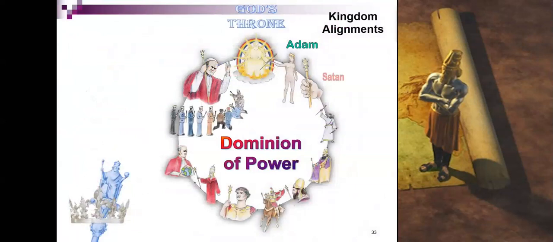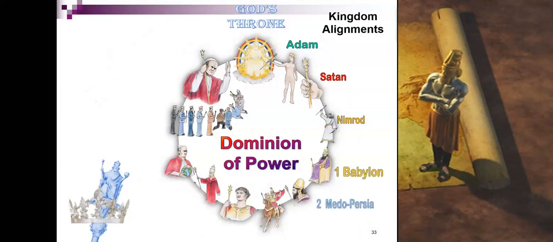And the kingdom alignments, this slide just shows how, when we started in our introduction, the scepter was first given to Adam, and then with the fall of Adam and Eve it was transferred to Satan and then on to Nimrod.